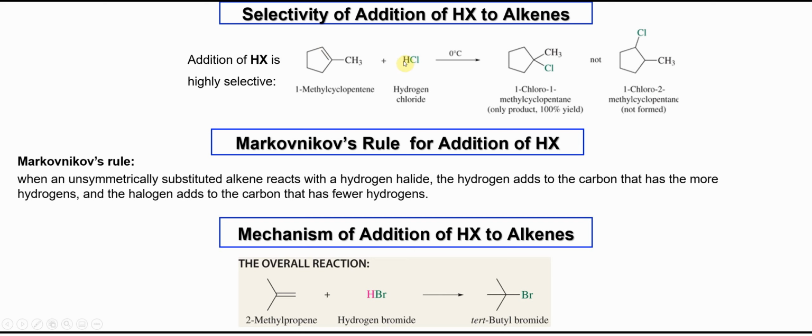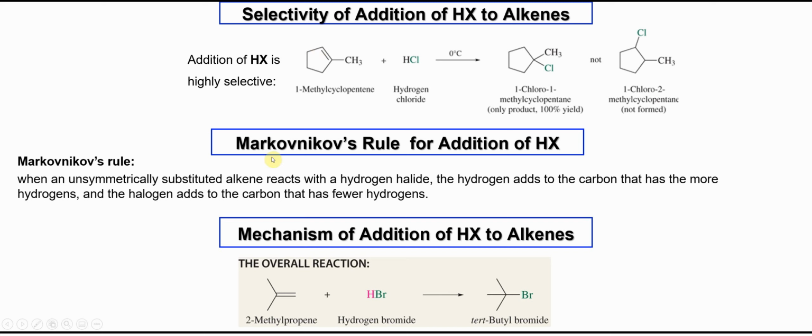So is this hydrogen going to be added to carbon 1 or carbon 2? Research indicated the hydrogen could be added to both possibilities, to carbon 1 or carbon 2. Which one is your product?